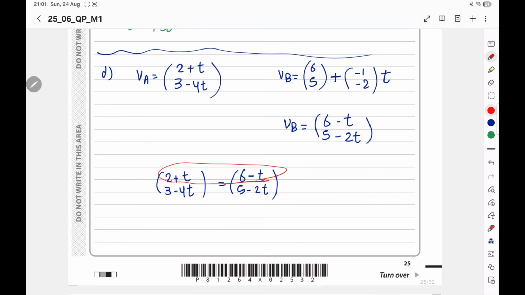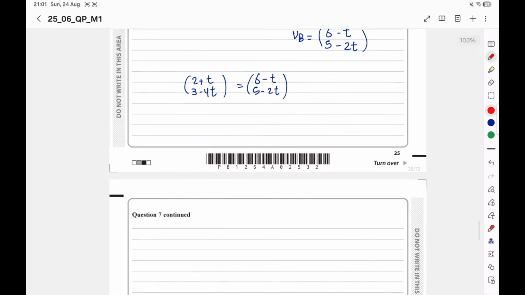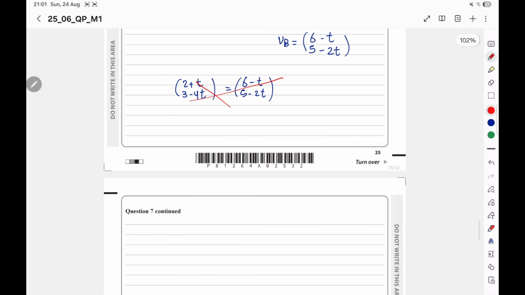But the question is not that simple. It says find the time when they are moving with the same speed. Speed is the magnitude of the velocity.